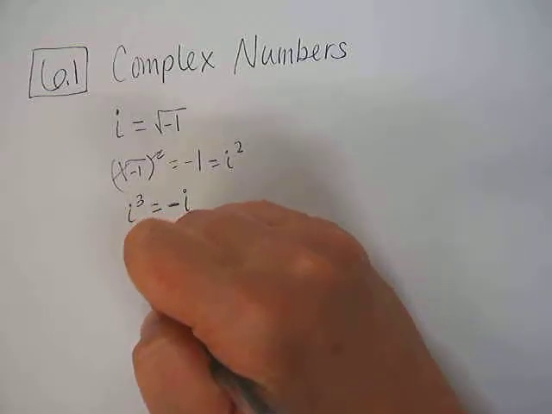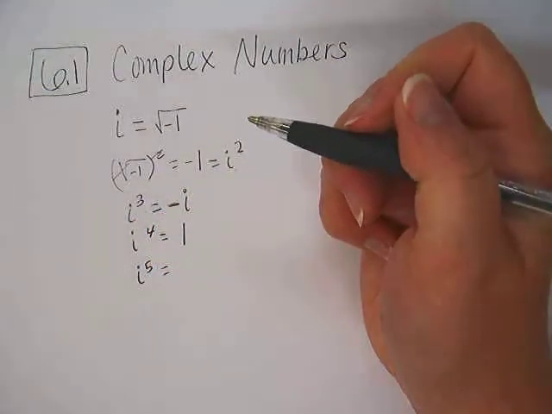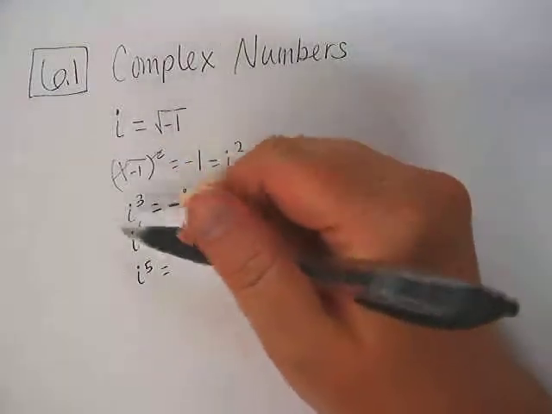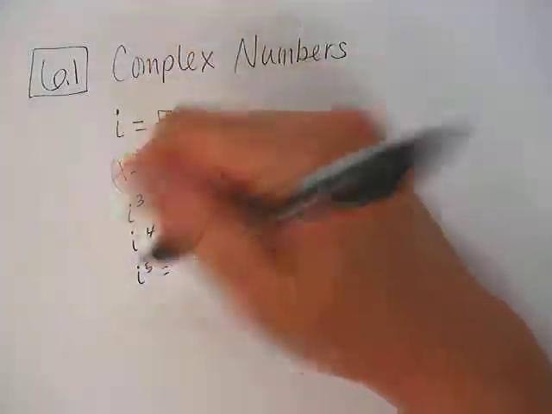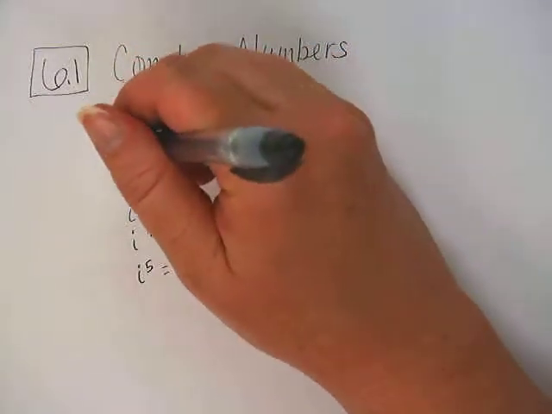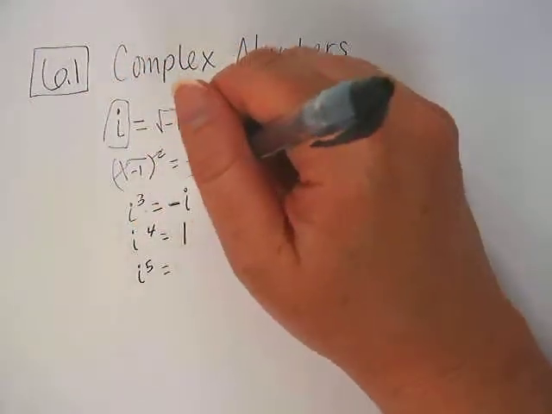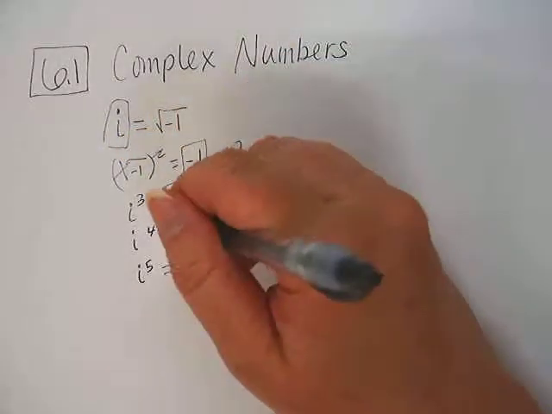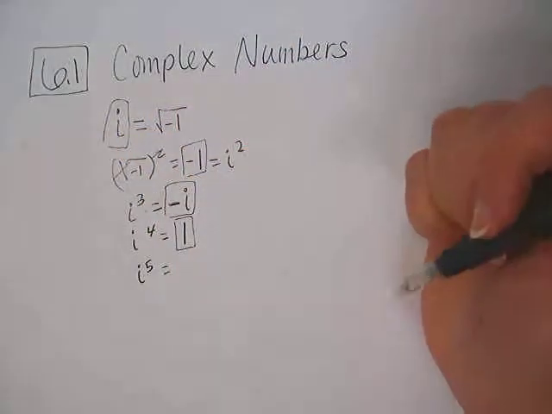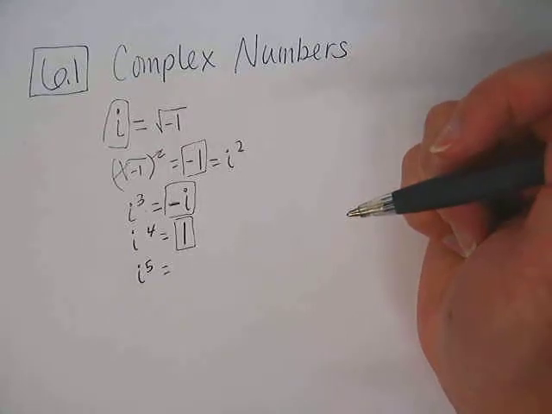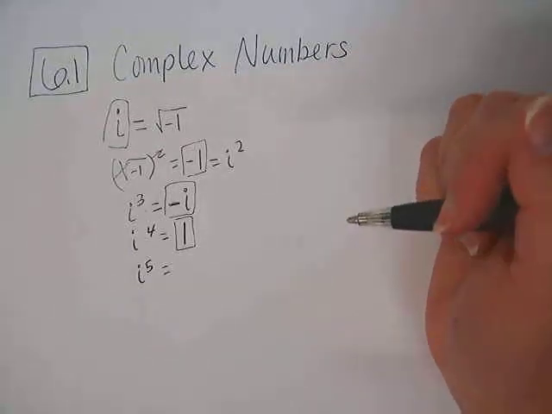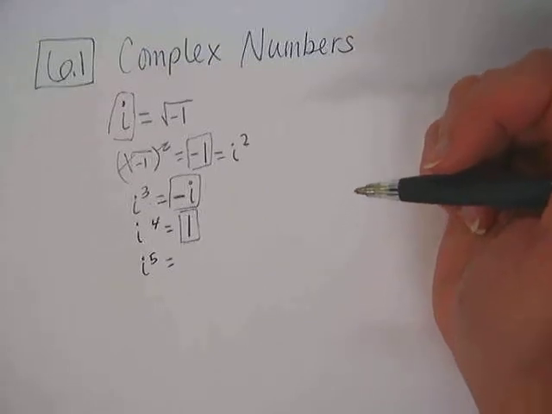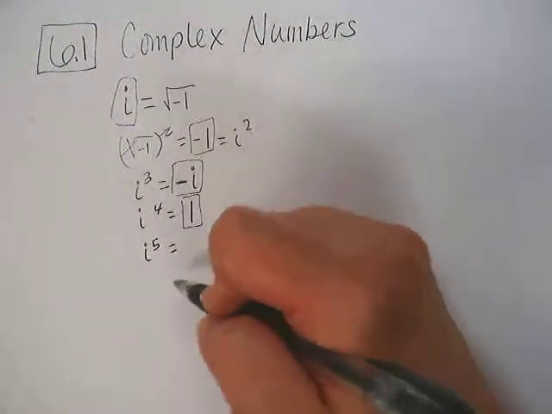So if we keep going through this pattern, it'll just repeat through these four options, so that no matter what the exponent is on i, we can change it to something that either has no i at all, or just has a single i with no exponent. And so you'll never see i with an exponent in any simplified problems. You always want to get rid of any exponents on the i's.